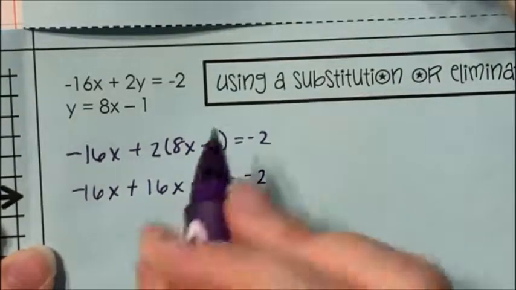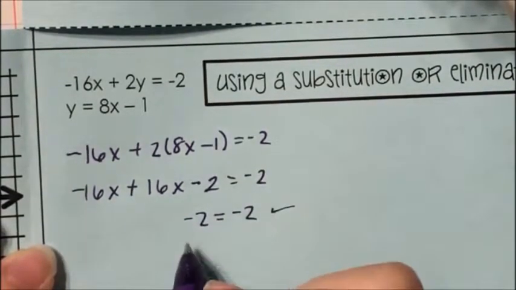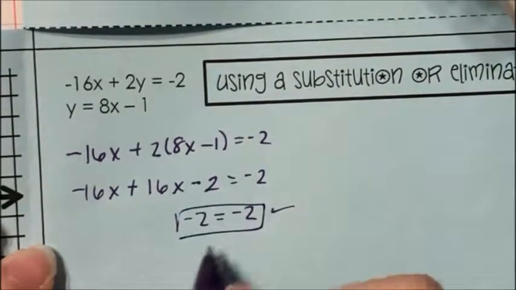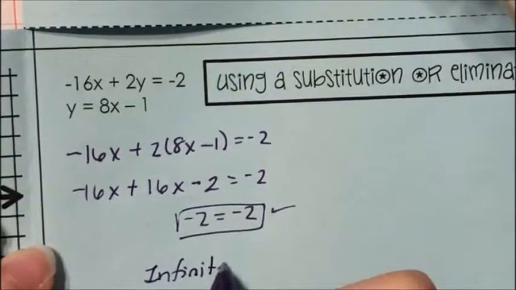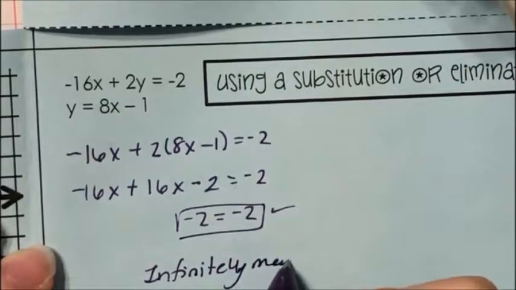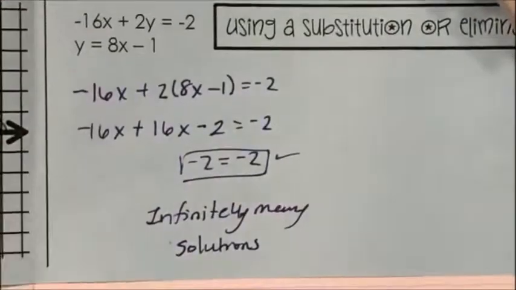Negative 16x plus 16x cancels. I'm left with negative 2 equals negative 2. That is a true statement. It will always be true, which means that there are infinitely many solutions. Okay, so I get the same thing on both sides of the equation. So I get infinitely many solutions.